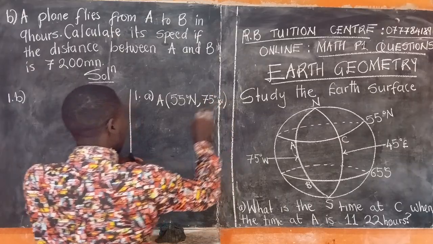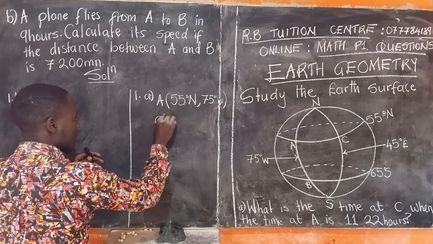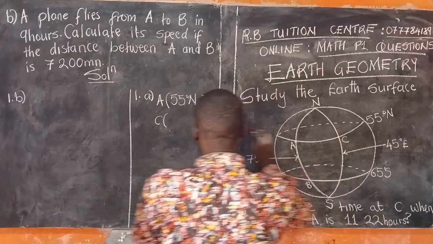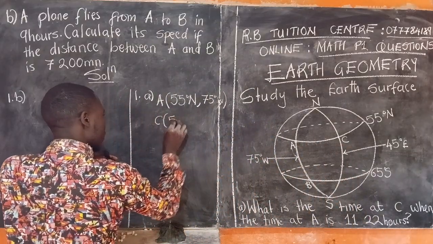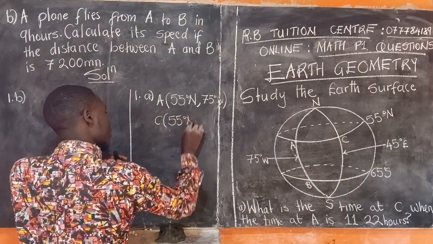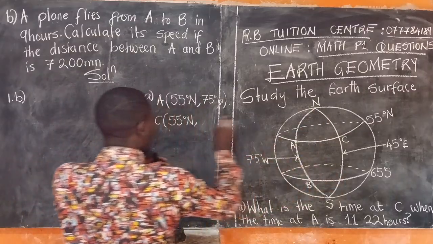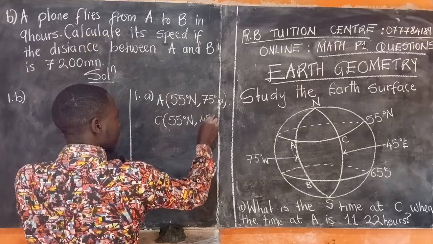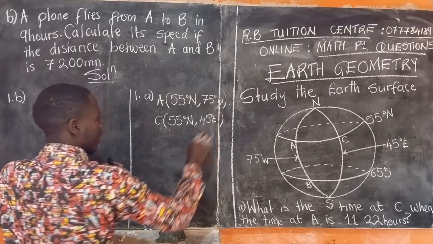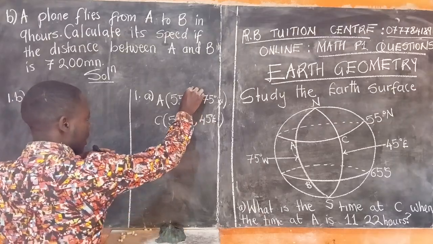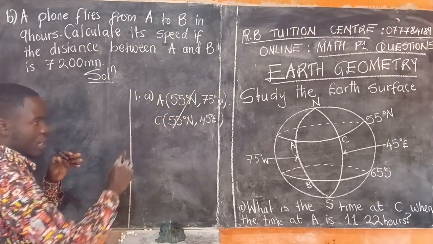Then we have C. What is its latitude? They are standing on the same latitude, which is 55 north, but in a different longitude, which is 45 east. Since they are on the same latitude, we cancel them.